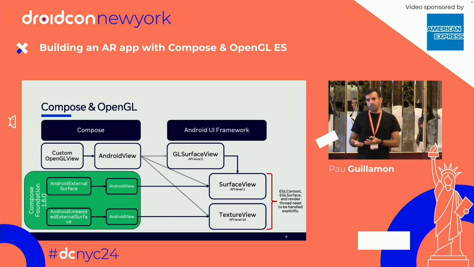And the way they accomplished that was that it copies the OpenGL content into the view hierarchy. This extra copy also comes with a cost in performance, and Google recommends using the surface view if you can. Only if you know that you're going to be placing the OpenGL content between other views, then it's recommended to use the texture view. Otherwise, it's better to just stick with the surface view.